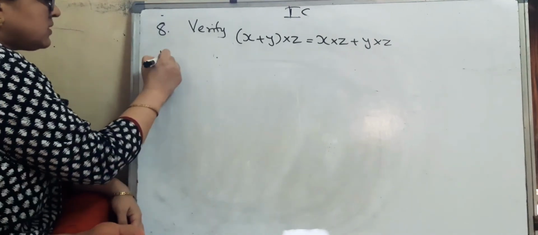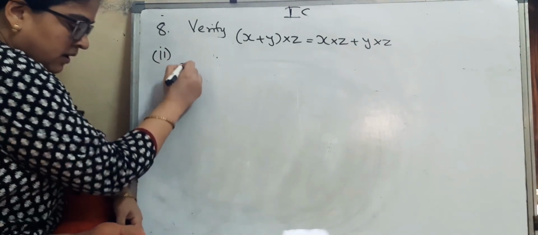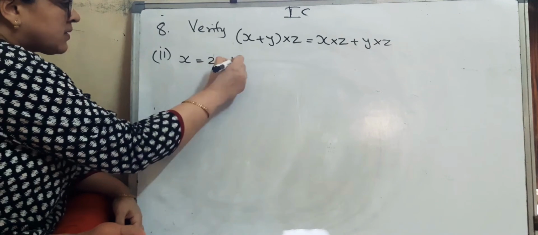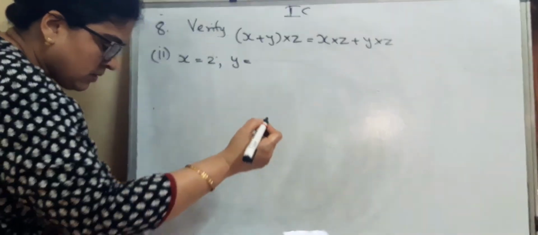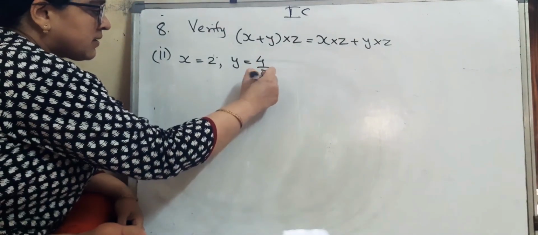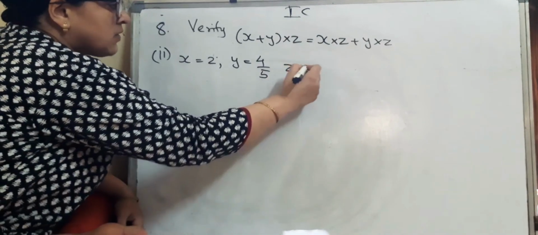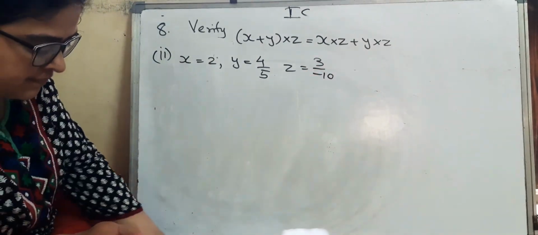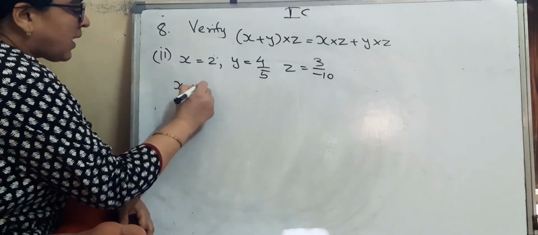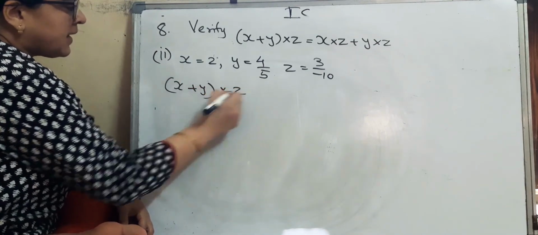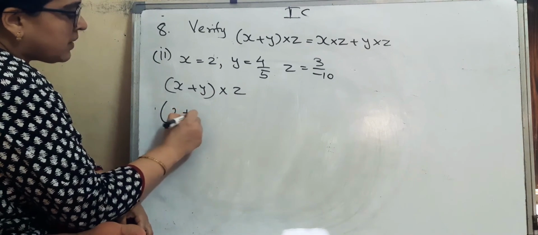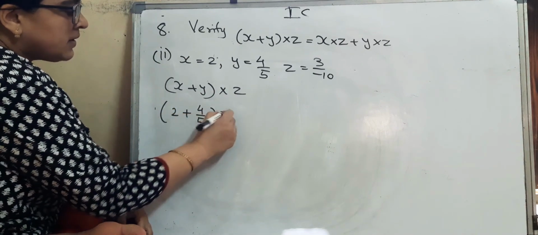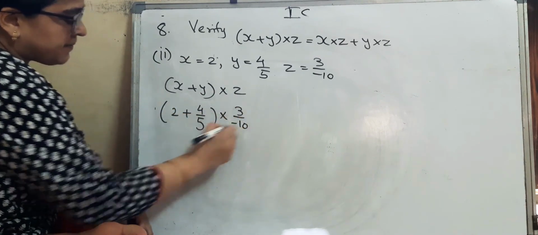Now second one is x is equal to 2, y is equal to 4 upon 5, and z is equal to 3 upon minus 10, right? First x plus y into z. So x value 2 plus 4 upon 5 into 3 upon minus 10.